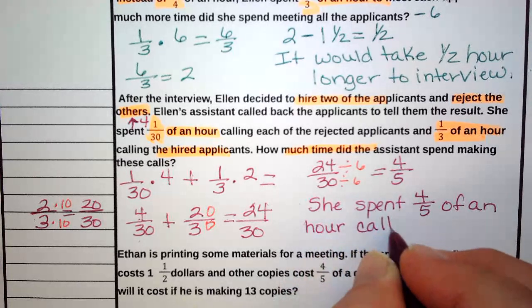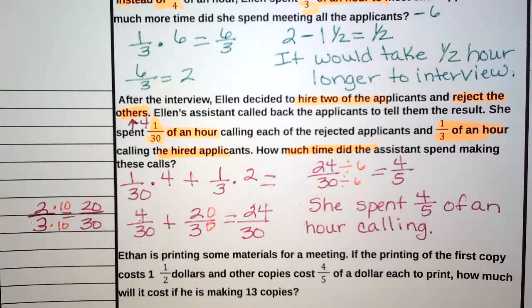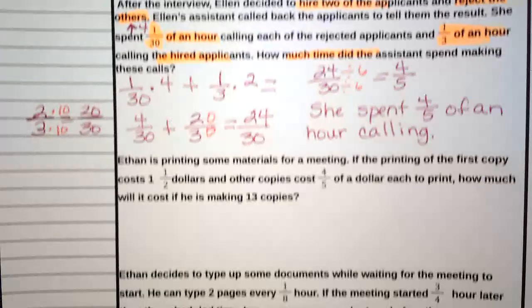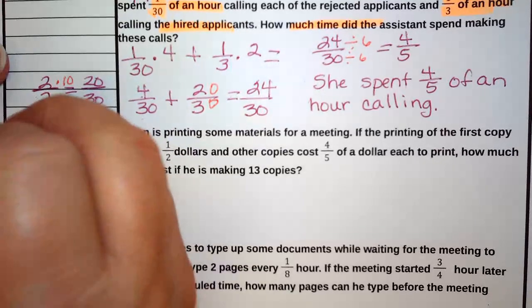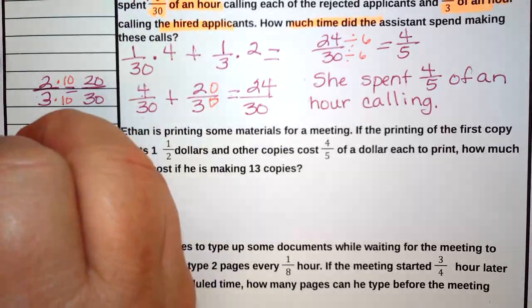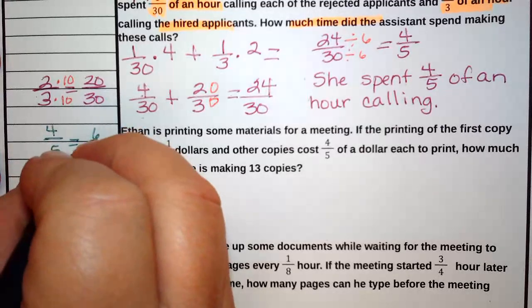Calling. How many minutes would that be? How many minutes are in an hour? 60. So I'm going to convert 4/5 into something over 60.